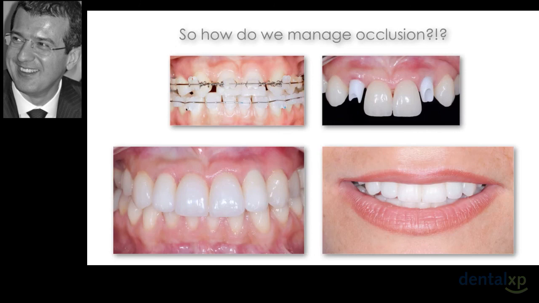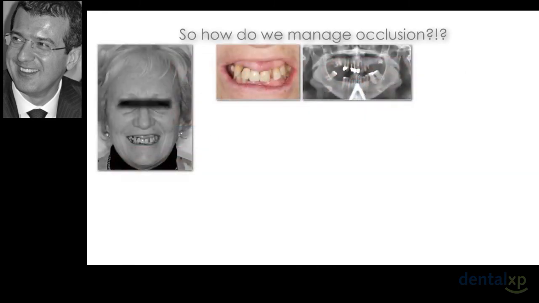They are not touching in excursions, but of course this would have been the same thing also if they were crowns on teeth. And how do we manage occlusion in larger rehabilitations, like in this case when we have implants?